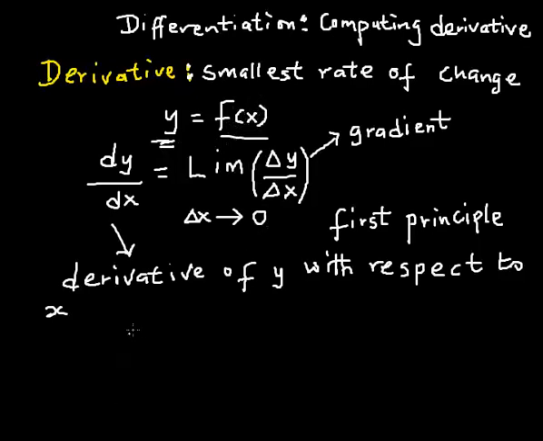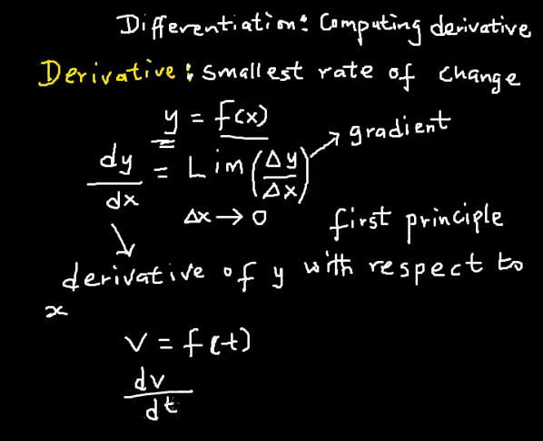Let's say the function is of this form: v is equal to a function of t, f of t, and you are being asked to find the derivative of v. So the derivative of v with respect to t is given as dv dt.